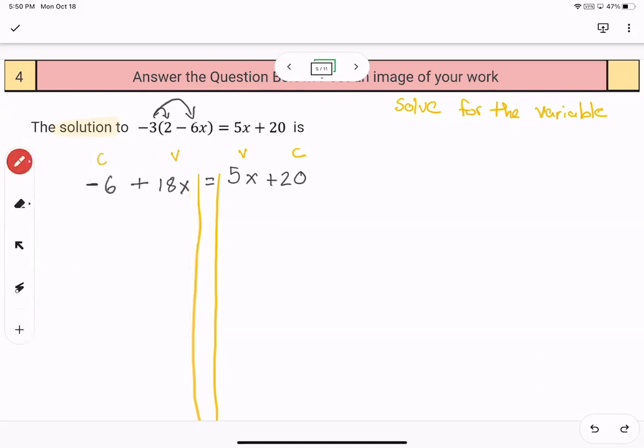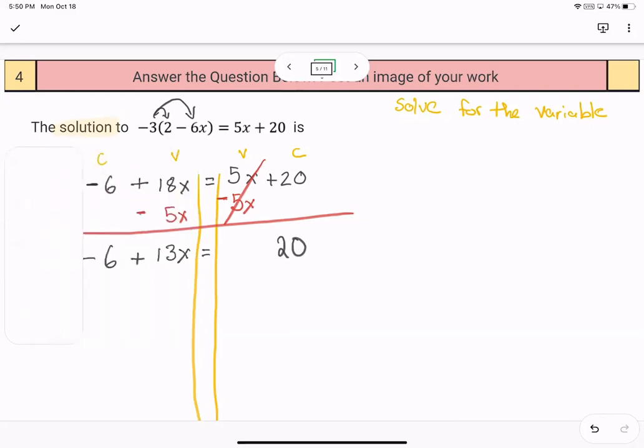So when I cross this equal sign, this 5x has to change signs. So we're going to do the opposite. Since this is positive 5x, we're going to subtract 5x from both sides. We subtract 5x here, and we are left with -6 plus 13x is equal to 20.